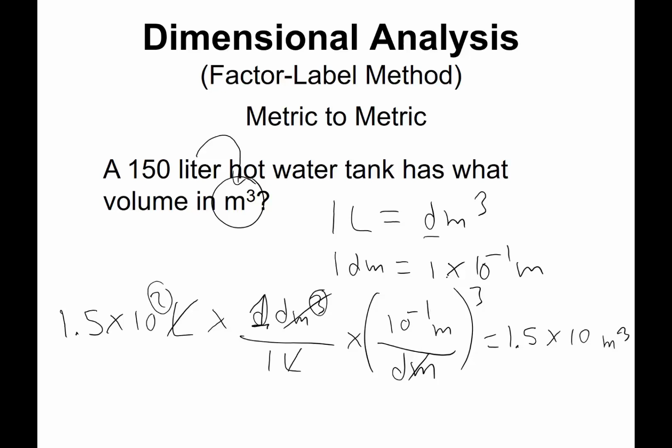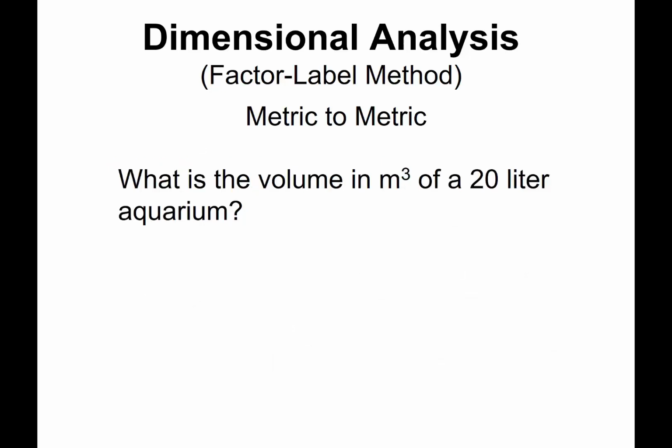So it's 2 minus 3, and that gives us 10 to the minus 1 meters cubed. So the answer is 1.5 times 10 to the minus 1 meters cubed. So you just keep setting up these steps where you cancel one unit and come out with a new one until you reach the unit that we're after. So here we're after meters cubed.